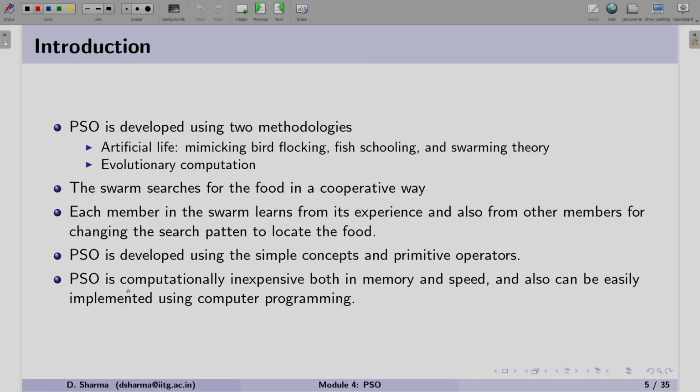Moreover, PSO is found to be computationally inexpensive, both in terms of memory and speed, and can also be easily implemented using computer programming. That is the main advantage of PSO. Since the operations are so primitive and the concepts are simple, we can write the code for a PSO in a very easy manner.